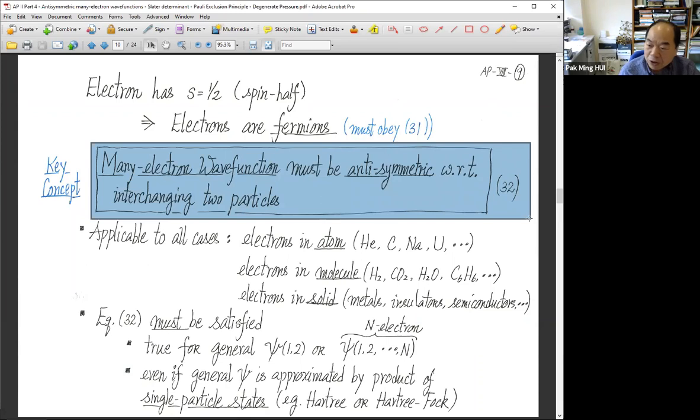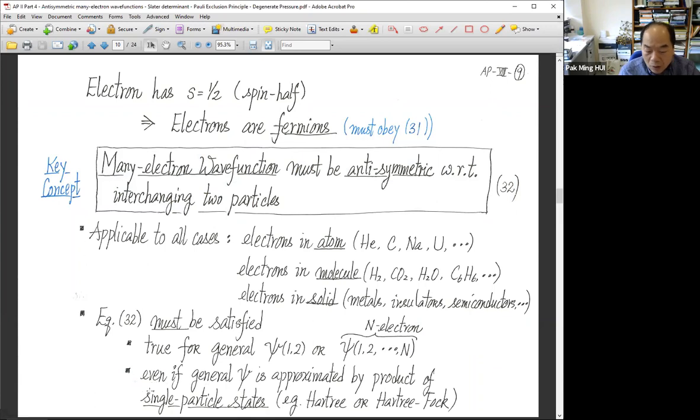Then the next question to explore is, when we use the single electron atomic states, how can we construct the wave function such that this is obeyed? We have 1s, 2s, with two electrons in there. How can we construct a wave function so that this must be satisfied? That is the second topic we want to explore.